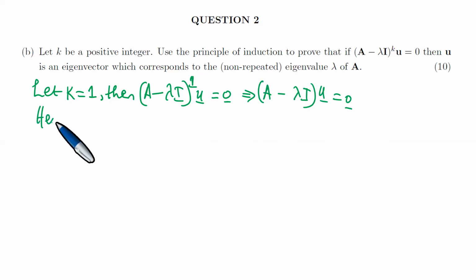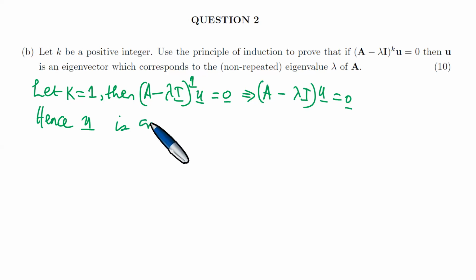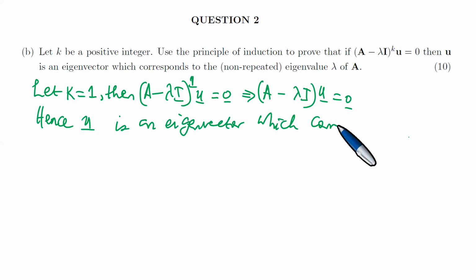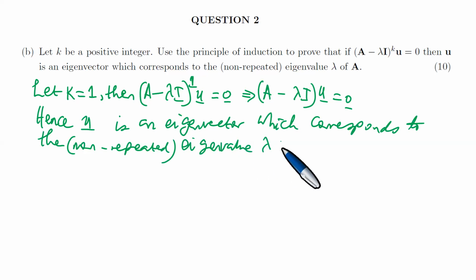Hence u is an eigenvector which corresponds to the non-repeated eigenvalue lambda of A.